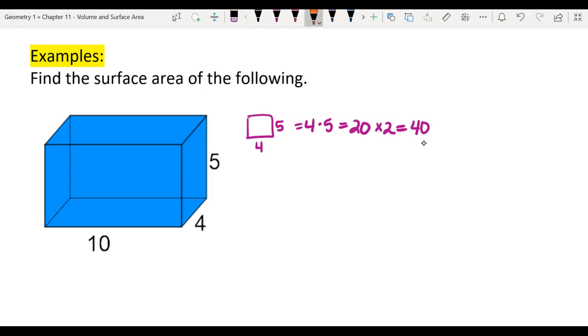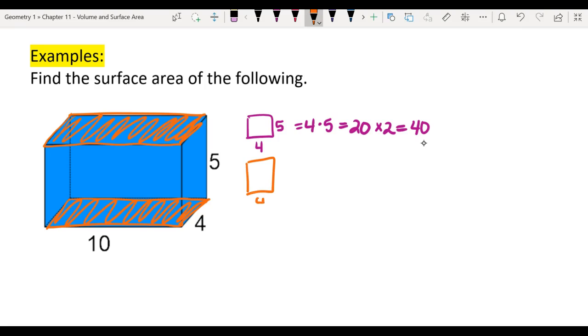Next, let's move to the top and the bottom. Here's my bottom side, and my top is here. What are the dimensions of the top and the bottom? They are 10 by 4. So that's 4 times 10 for the area, which is 40.